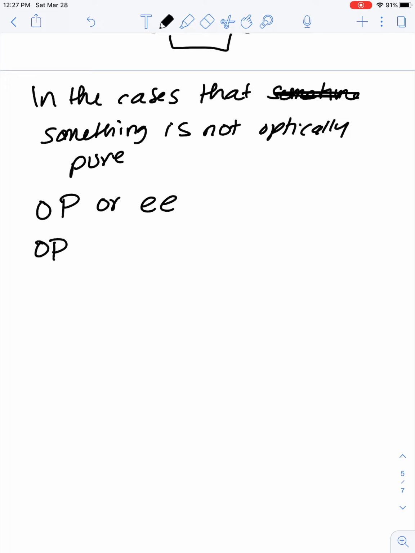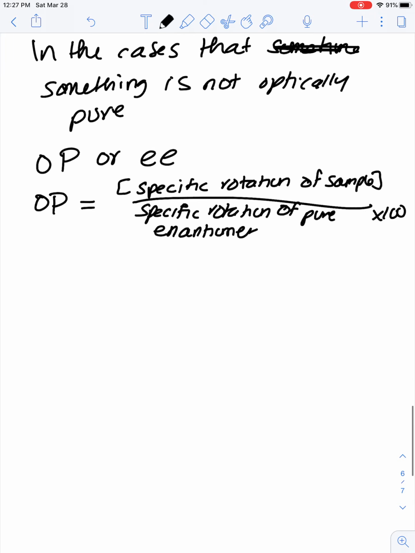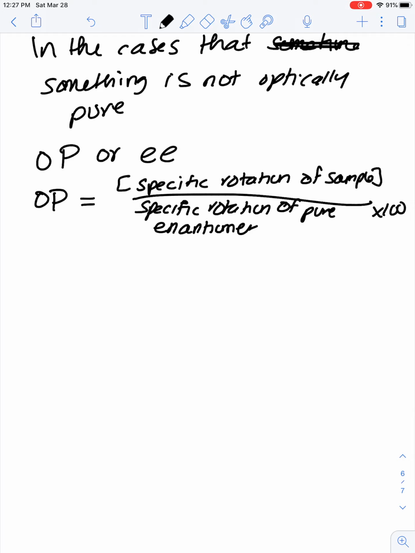These are equal. The formula is the specific rotation of a sample divided by the specific rotation of the pure enantiomer, which you can find on PubChem or any of the scientific websites. And then you would just multiply this by 100%. This would give us our optical purity or our enantiomeric excess.